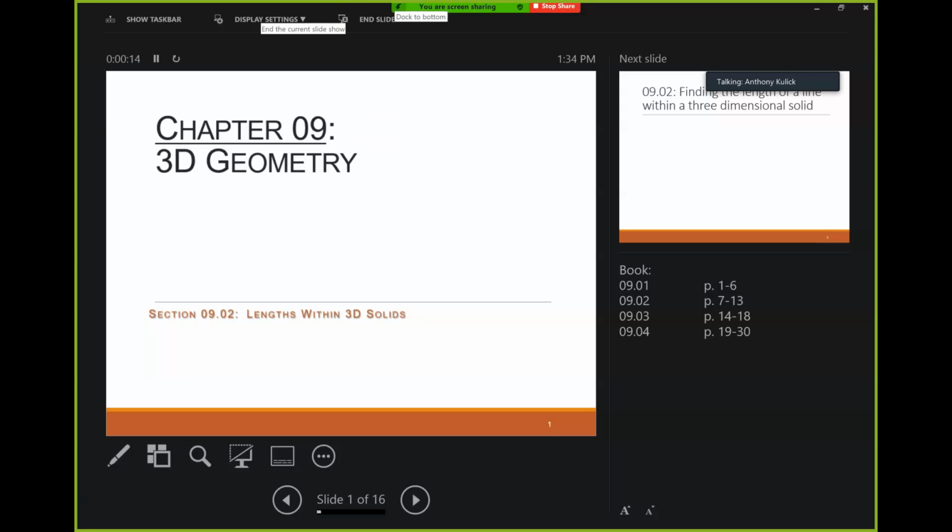So the first section here that we'll talk about is just looking at calculating lengths inside of these 3D figures. As you might imagine, that'll be an important piece to being able to calculate a volume or surface area, is to be able to calculate the lengths of other pieces inside of a 3D figure.